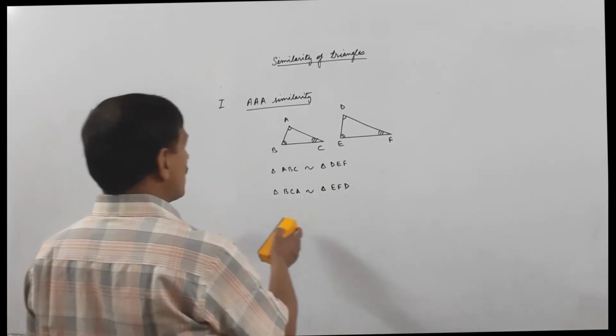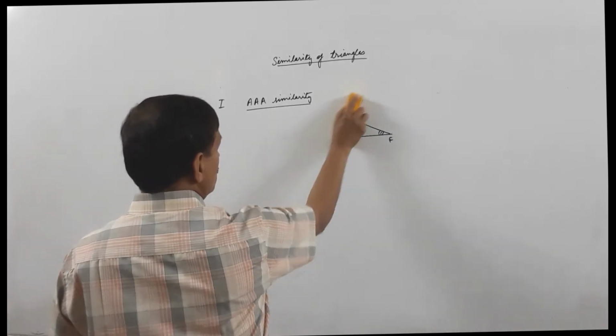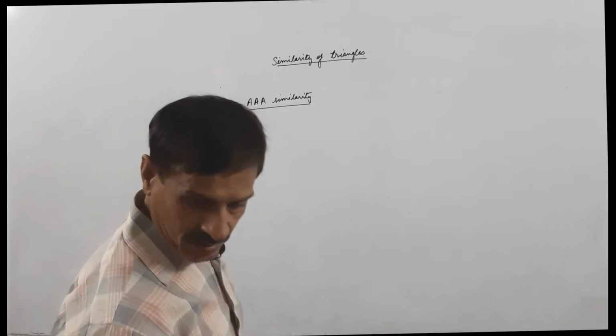Second criteria is double A. Double A similarity.